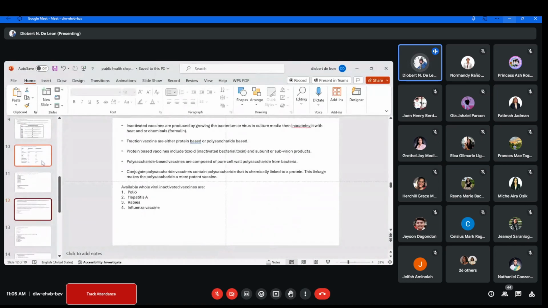Inactivated vaccines are produced by growing the bacterium or virus in culture media, then inactivating it with heat or chemicals, and the chemical usually used is formalin.